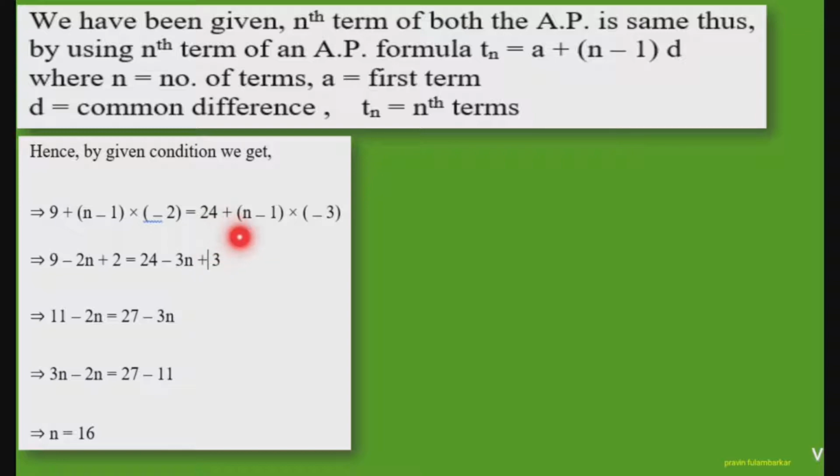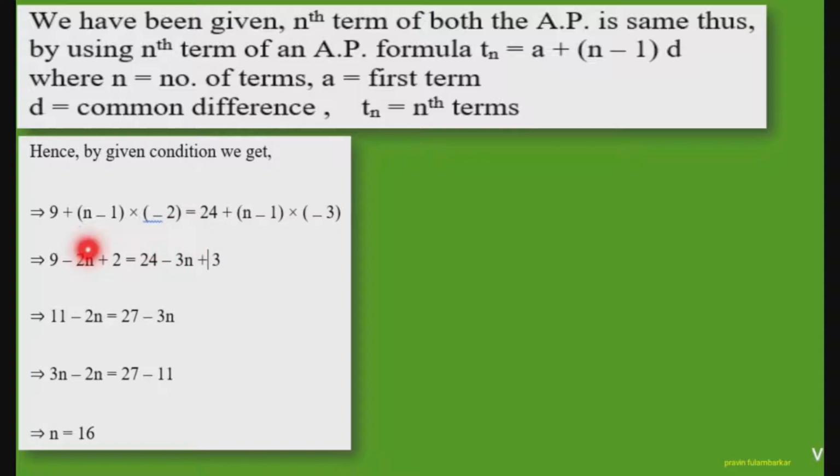So we write 24 plus n minus 1 into D, value of D is minus 3 here. So we substitute value of first term in both arithmetic progressions and value of common difference.